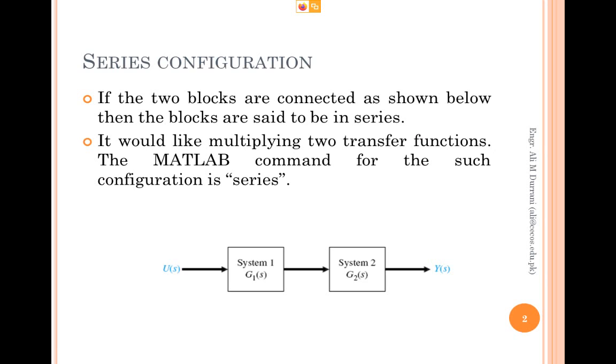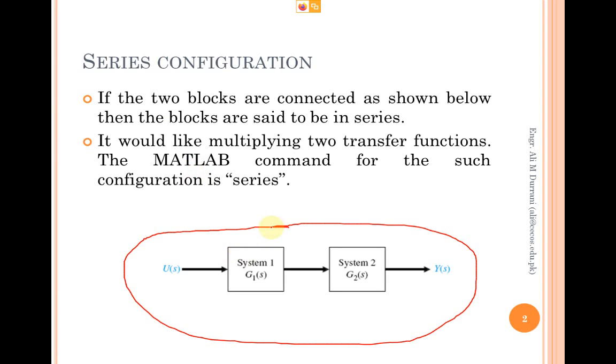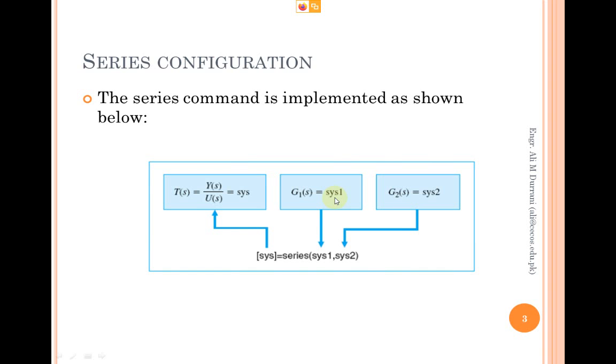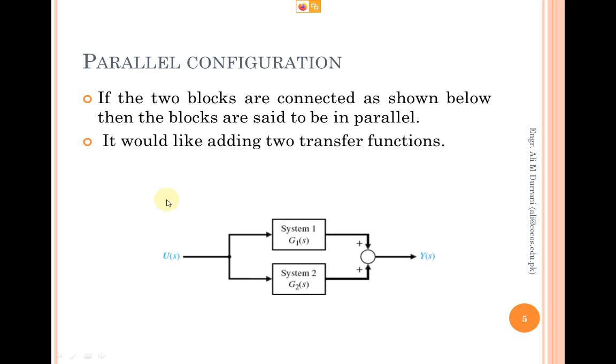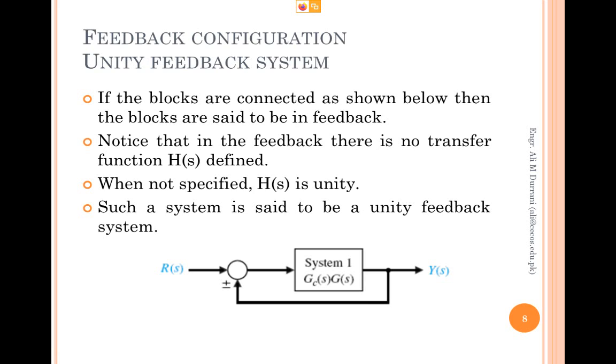There can be multiple configurations of more than one transfer function. As you can see here, two transfer functions can be in series. Similarly, two transfer functions can be in a parallel configuration, as you can see in this slide. They can be in a unity feedback system, which has multiple transfer functions and a feedback.